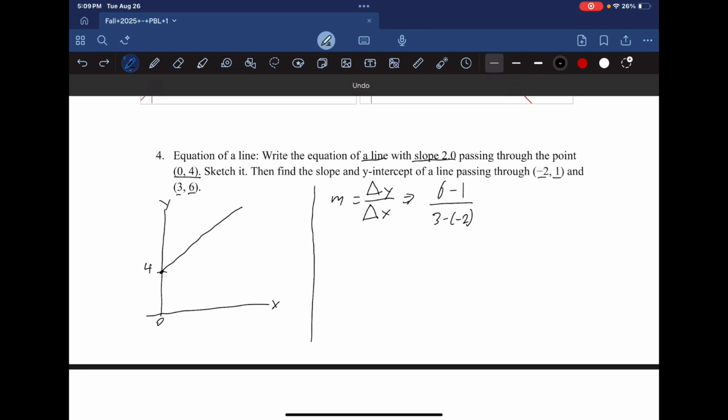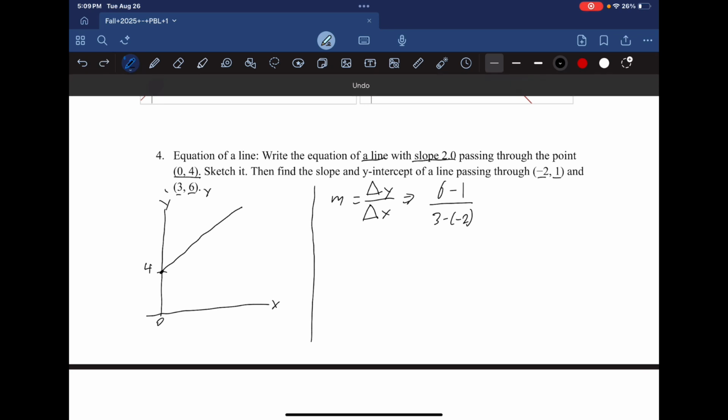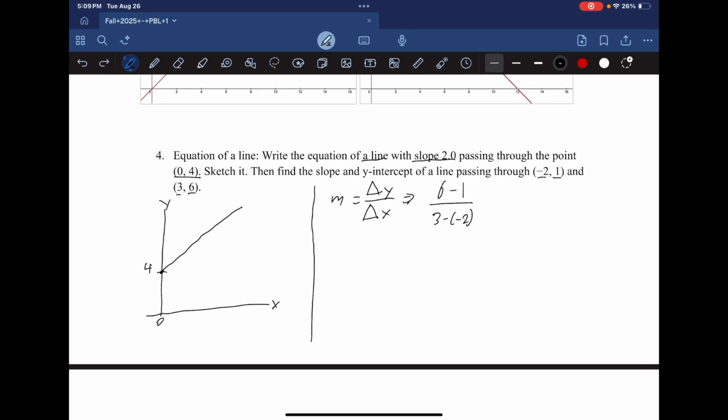Basically, if you pick this to be your bigger y, this one also has to be your bigger x. Okay, so this simplifies. We've got 5 over 5, and that, of course, is just 1, so we have a slope of 1.